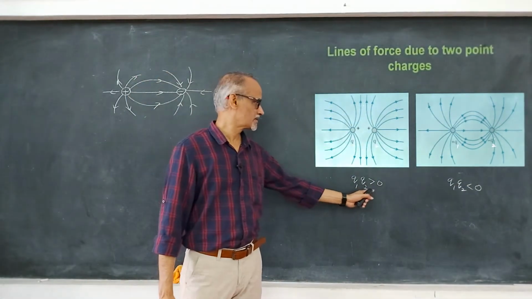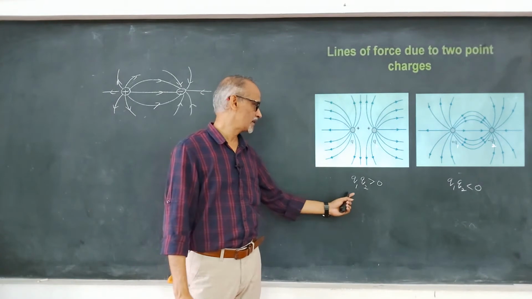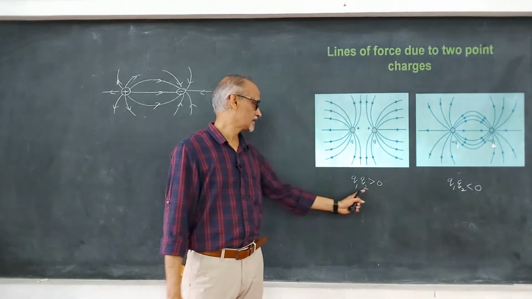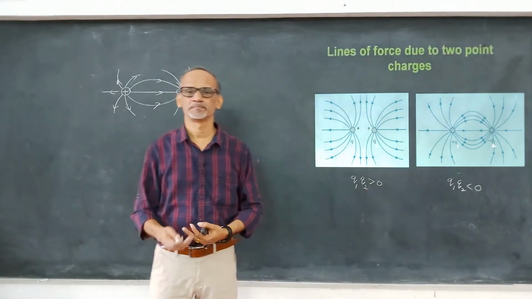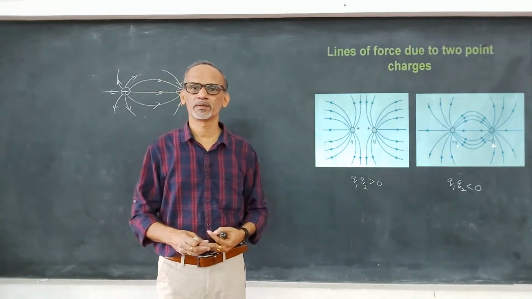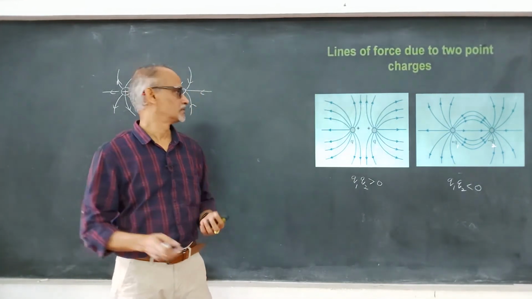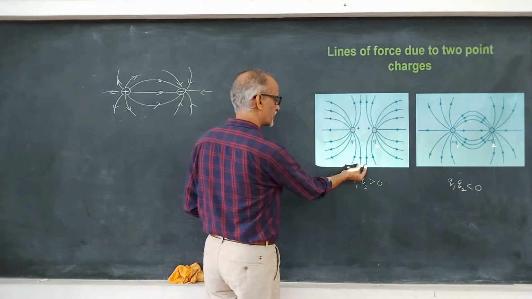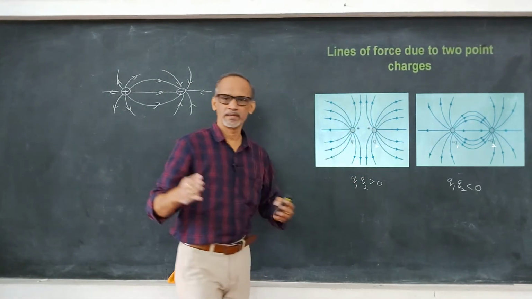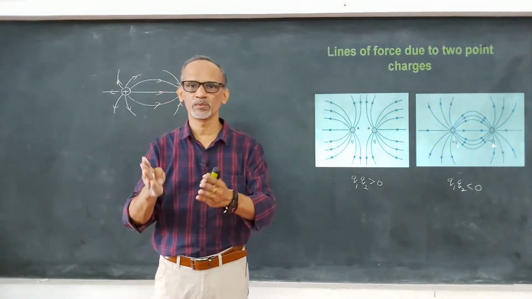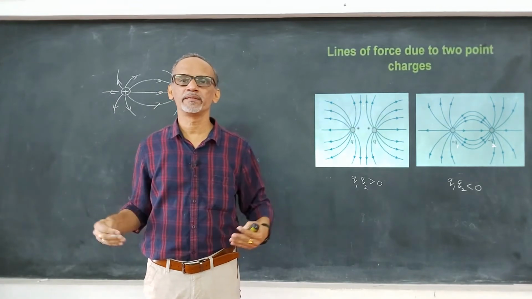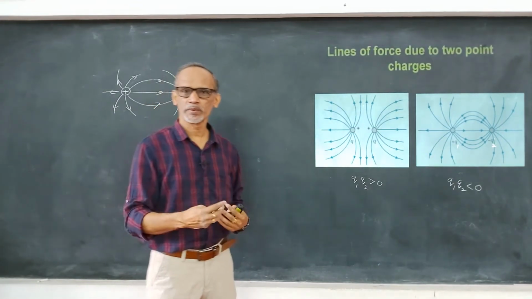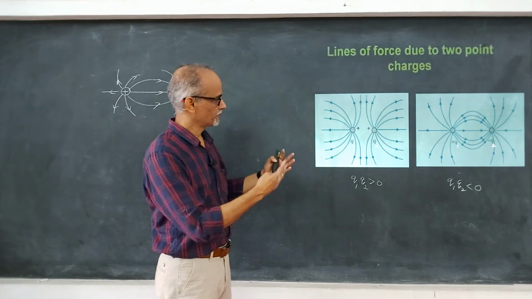So product greater than 0, product lesser than 0. And again, what is the nature of the force? When the charges are like charges, the nature of the force is repulsion. So that is what you get to see, the lines of force that tend to move away, they tend to deviate. So that is what we notice in this first diagram.